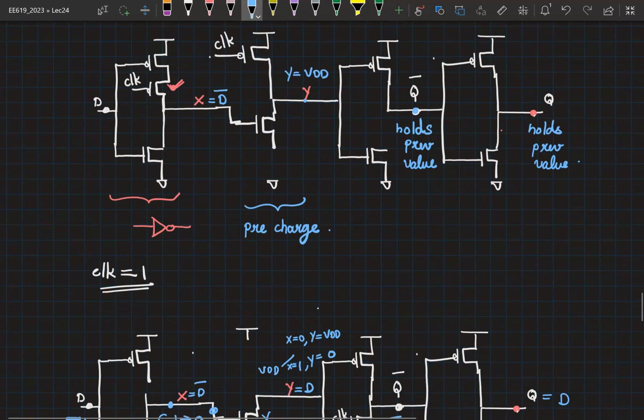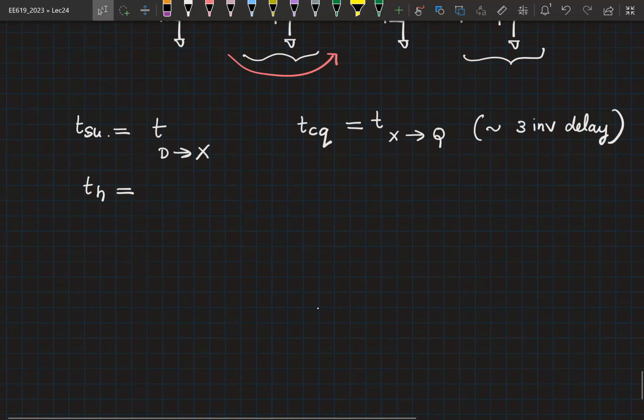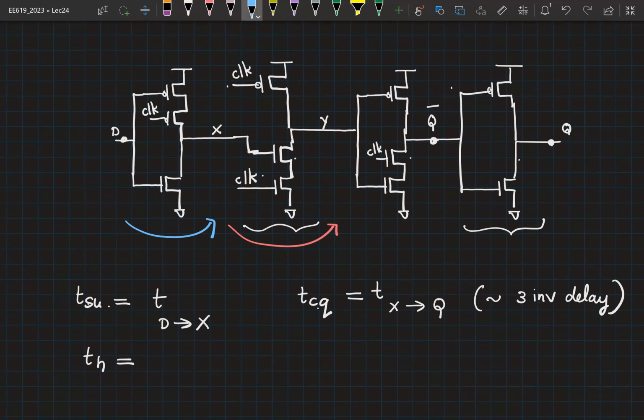So if the data changes at the same time, there is a D to X path also. This is, of course, a conditional change in data, right? We are not sensitive to both edges. So that is the clue. You have 2 paths. You have X to Y, the needed information going from X to Y, and the new information coming from D to X. So what should be the hold time?